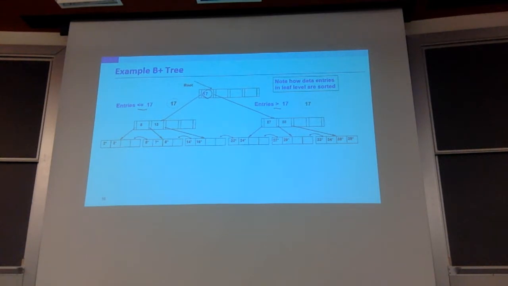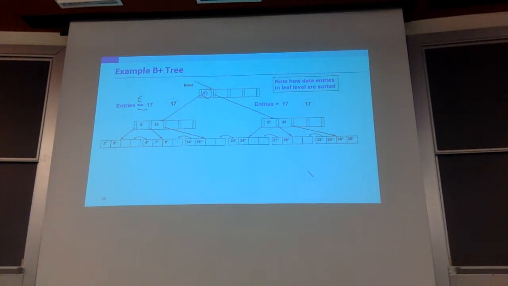You can also define this side as smaller than and this side as greater than or equal to, right? You can also do both non-strict comparisons, like everything on the left is smaller than or equal to 17, and everything on the right is greater than or equal to 17, depending on whether you have unique keys and which flavor you prefer.